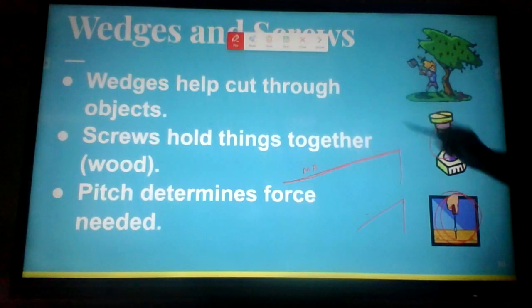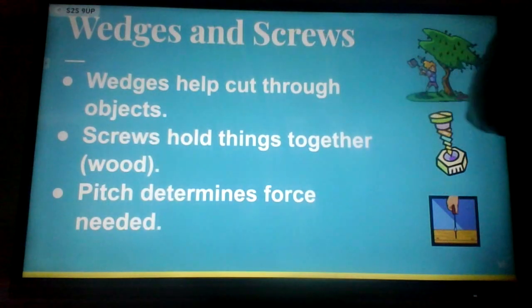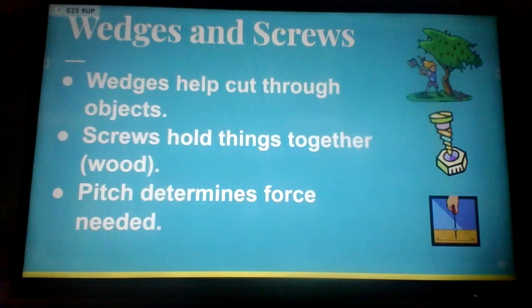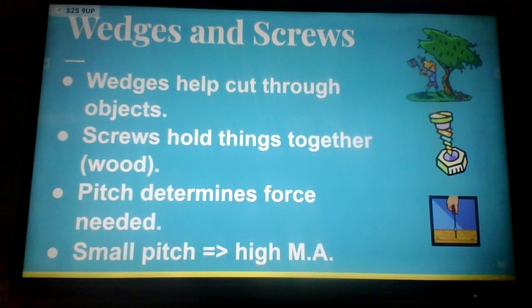And then of course we have power screwdrivers, which do the same job, but get that screw into place in less time. That's why we call those tools power tools. Those tools do the same job in less time and require less effort. Ready? Now, the small pitch has a higher mechanical advantage. We want screws with smaller pitches, especially if we have to turn the thing by hand. We don't have a power screwdriver with us.